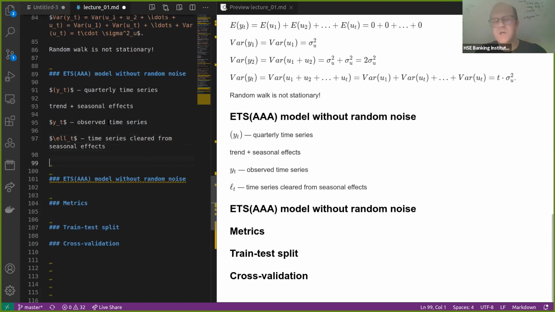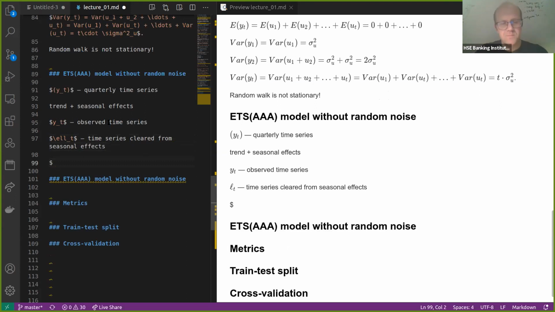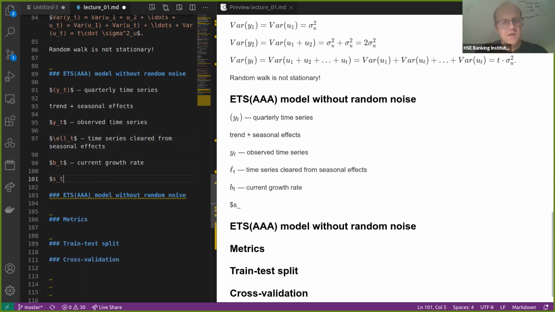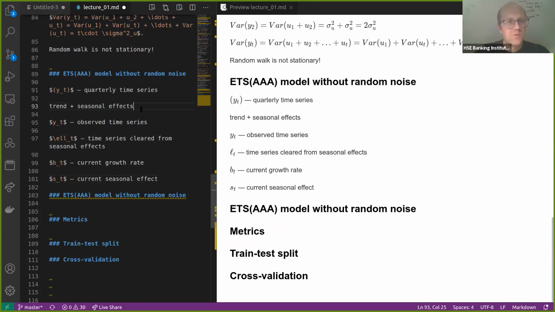We will introduce some more notations. B_t will be the current growth rate. And S_t will be the current seasonal effect. It may be positive, may be negative. Okay, so notation is clear.